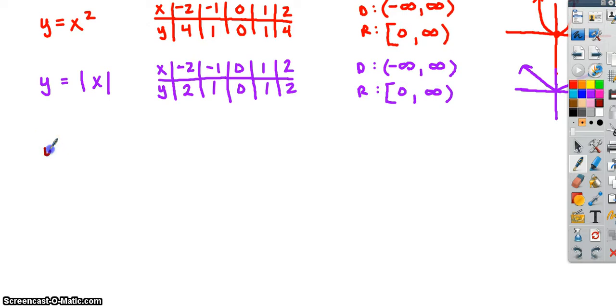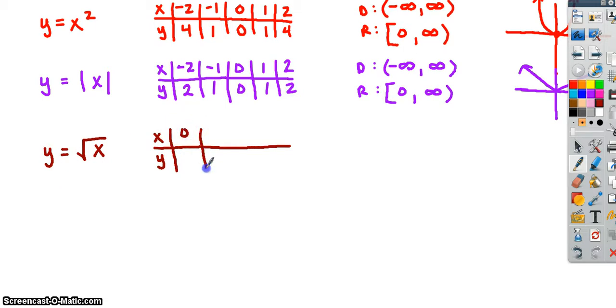Alright, next one we talked about was the square root function. Y equals the square root of x. Alright, and this is where those x values are not going to be very handy because, first of all, the square root of a negative number would be imaginary, so I don't want any negatives. And the square root of 2 isn't a nice square root. So I'm going to pick a couple different x values that are going to nicely work with this.